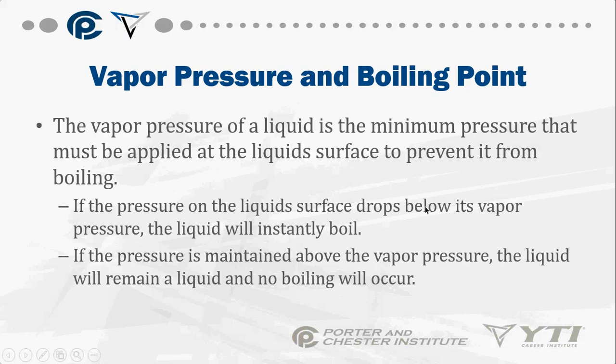So, vapor pressure and boiling point. The vapor pressure of a liquid is the minimum pressure that must be applied to the liquid's surface to prevent it from boiling. So if the pressure on the liquid surface drops below its vapor pressure, the liquid will instantly boil.